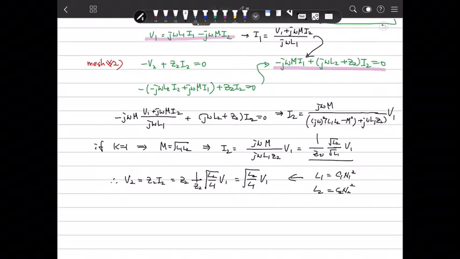But in this case, k is 1, so C1 and C2 are the same because all components are coupled. Therefore, V2 is N2 over N1 times V1.